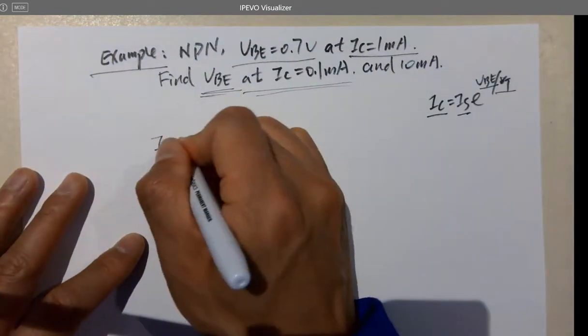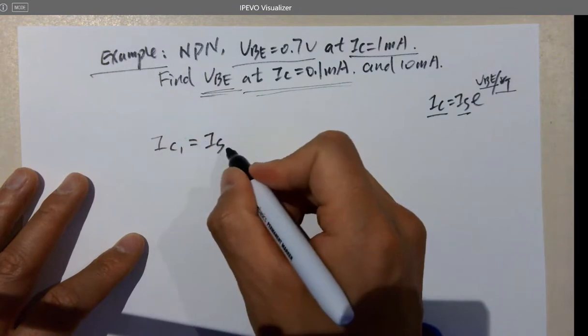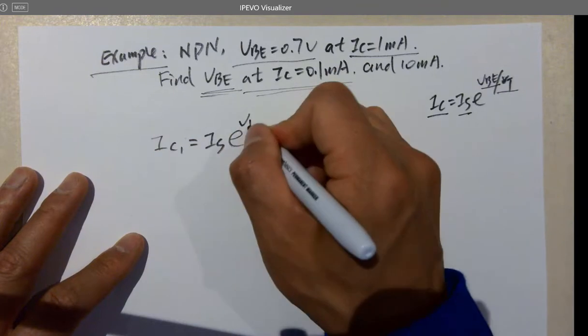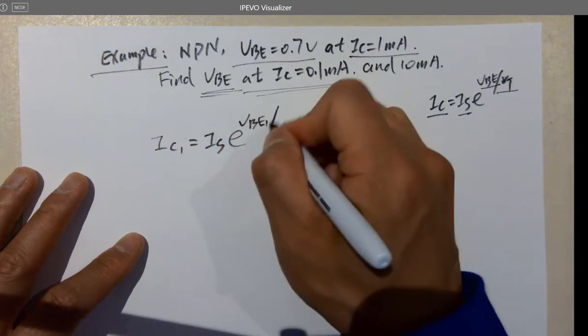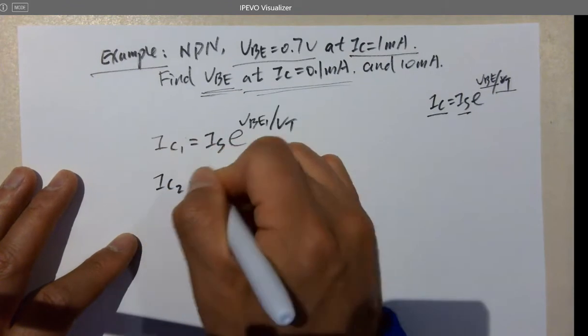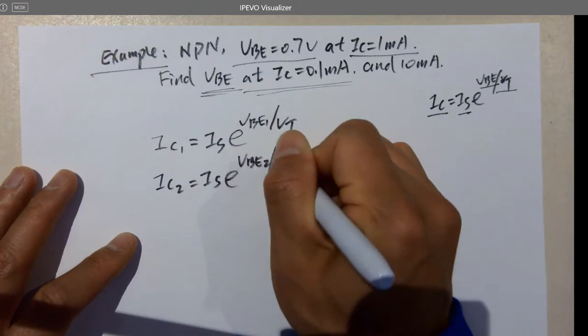So we just do this. IC1 equals to IS, IS is not changing, it's all the same, so I'm not having a subscript over here, e to the VBE1 over VT, VT is a constant, and IC2 equals to IS e to the VBE2 over VT.